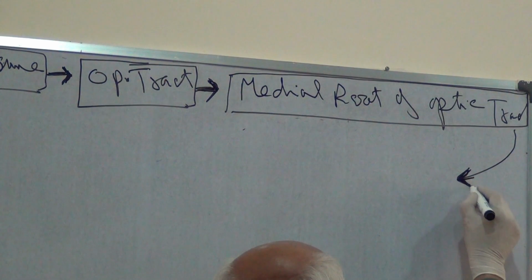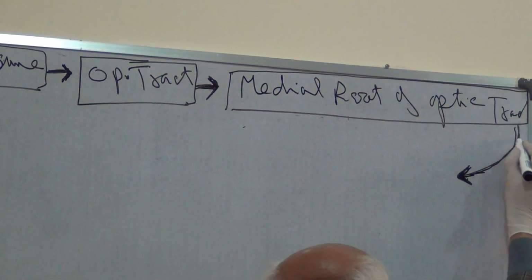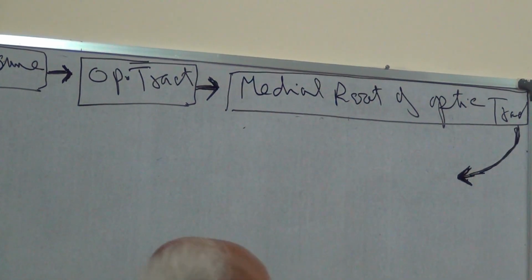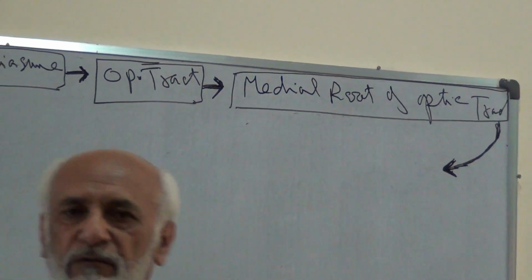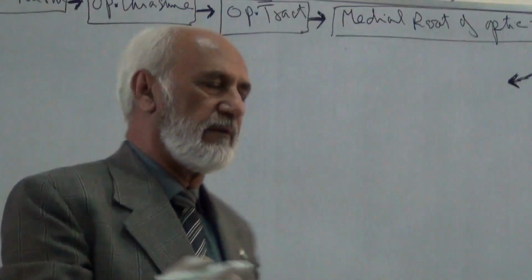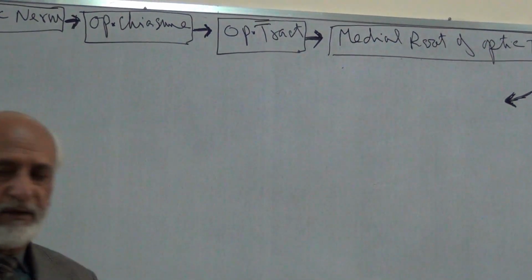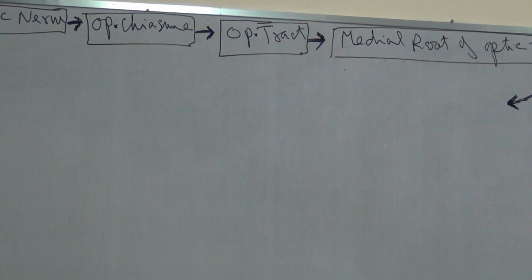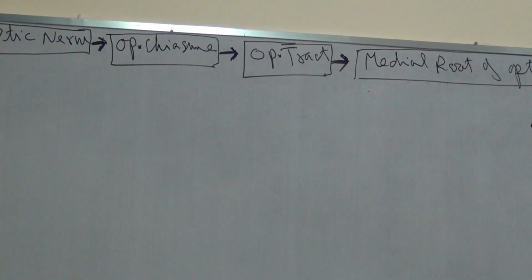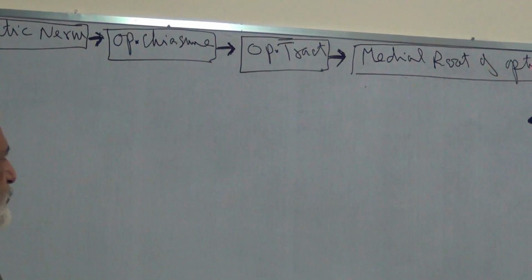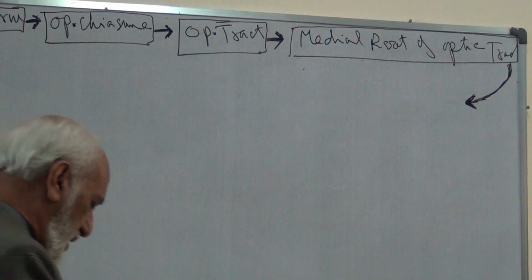In this way, the fibers for the pupillary light reflex bypass the lateral geniculate body, which is a relay station in the visual pathway. So the fibers of the optic tract, instead of running through the lateral root, follow the medial root of the optic tract and enter the midbrain.